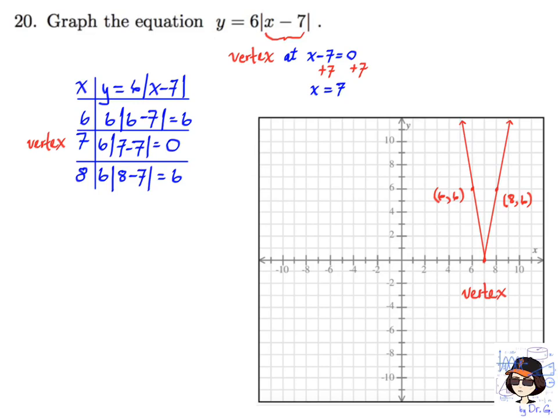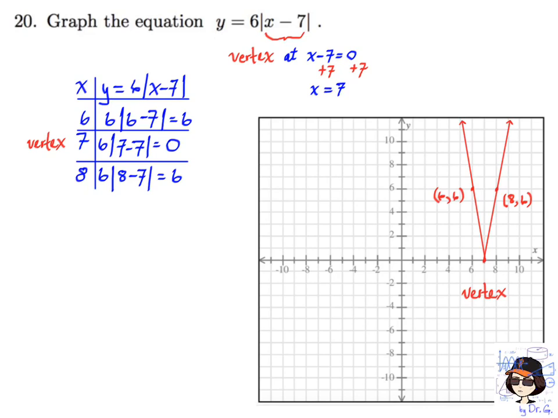All right. So when you're graphing an absolute value equation, make sure you find the vertex. That's the point where the V comes together. And just a little tip, when the number outside the absolute value is positive, so in this case we had a positive 6 outside the absolute value, the coefficient, it's being multiplied by a positive 6, that tells us it's going to open upward.